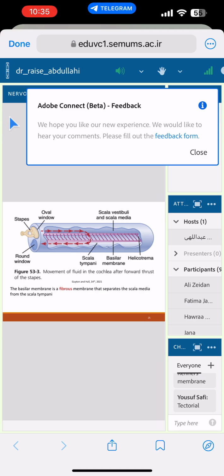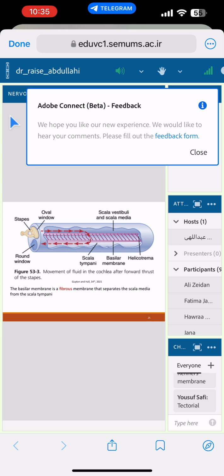Eardrum is here, and these systems transfer the vibration of the sound to this fluid system inside of the cochlea, and we have a movement of the fluid which fills the cochlea because of the vibration of the sound.